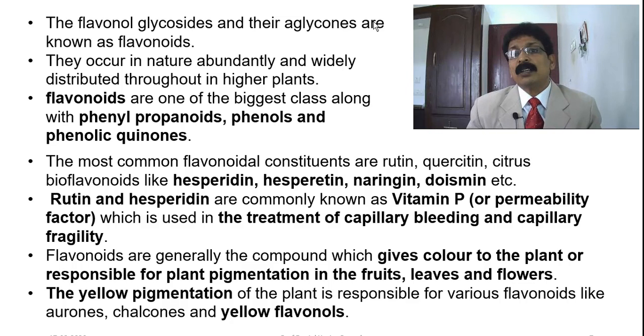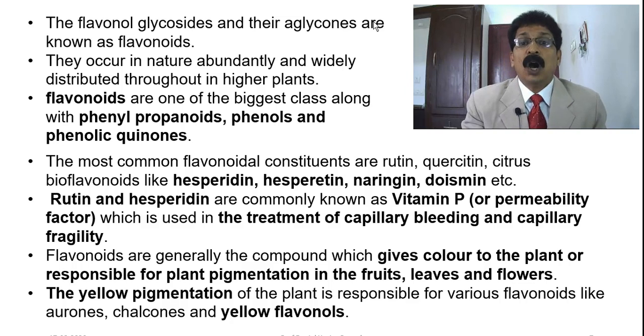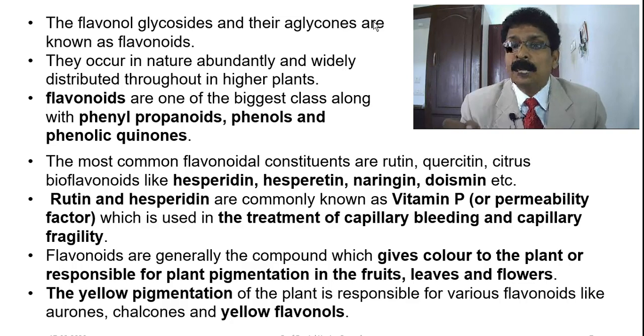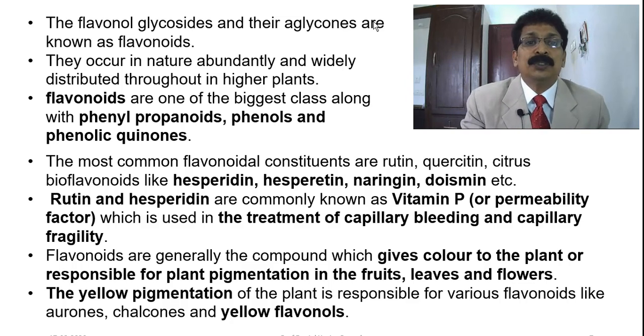So these all are the compounds. So flavonoids present in the higher plants are responsible for giving color to the plant, pigmentation to the fruits, leaves and flowers. This is the understanding which you should have.